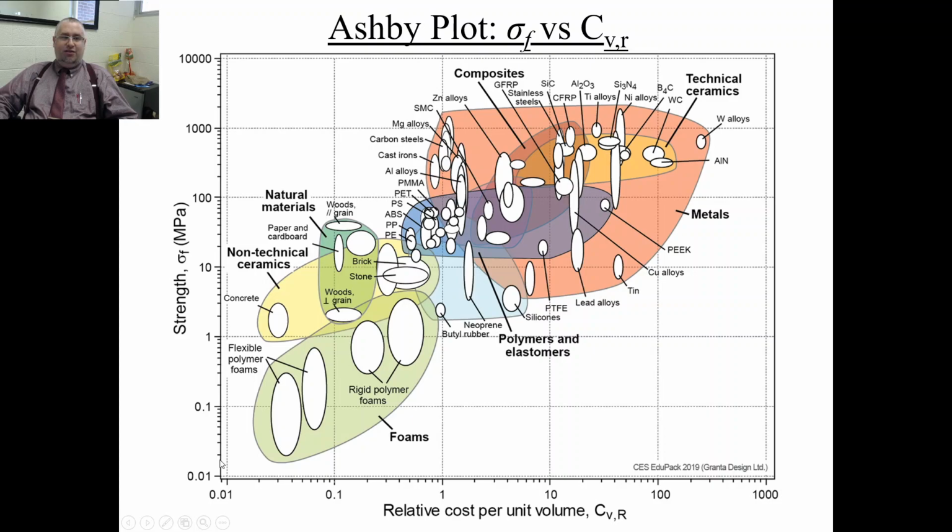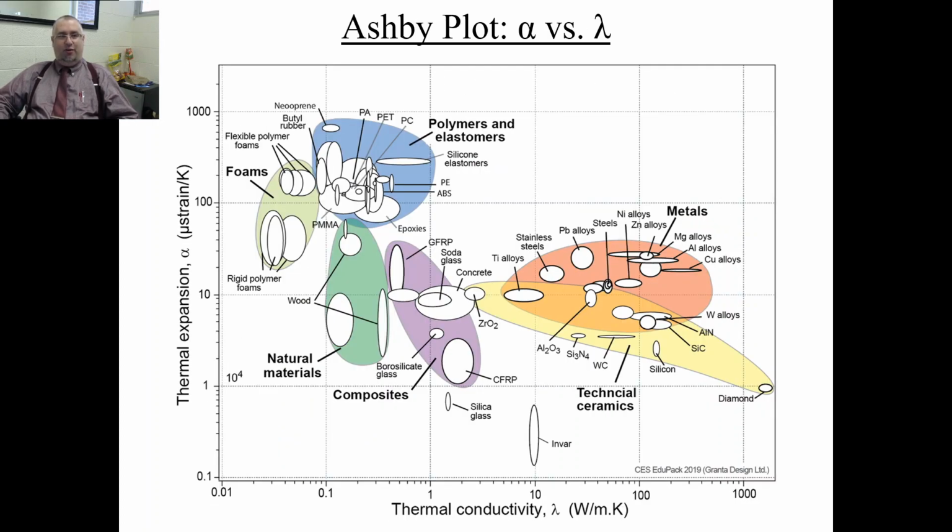And then you guys know that I'm a thermal fluid sciences guy, and so I couldn't go a whole presentation without giving you at least one thermal fluids type plot. So here is a plot of thermal expansion on the y-axis versus thermal conductivity on the x-axis.